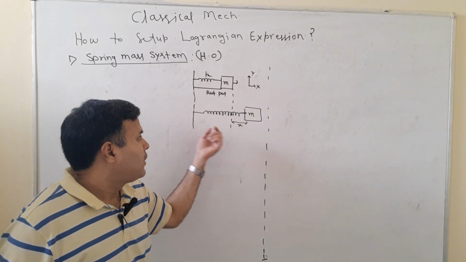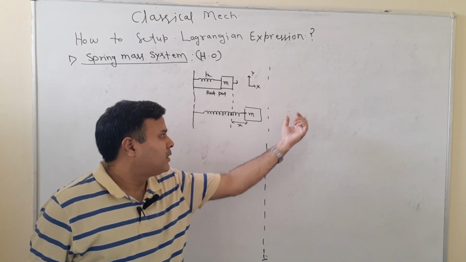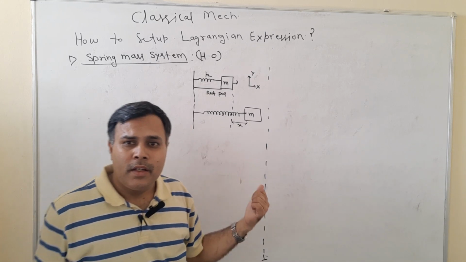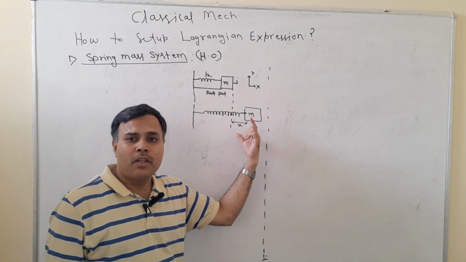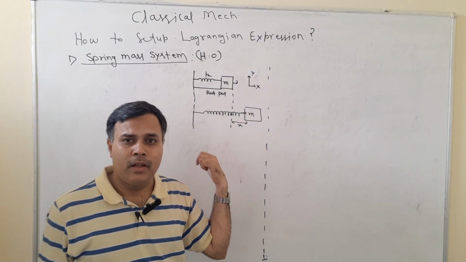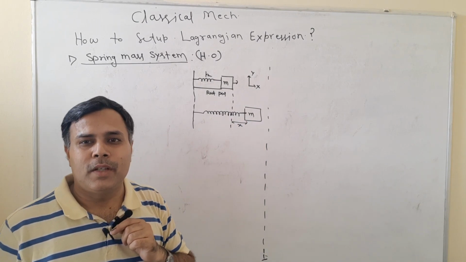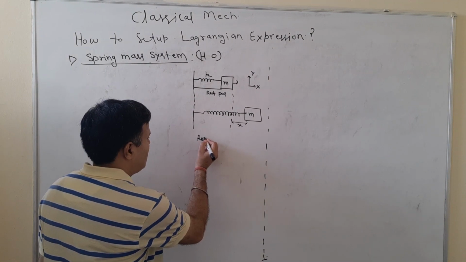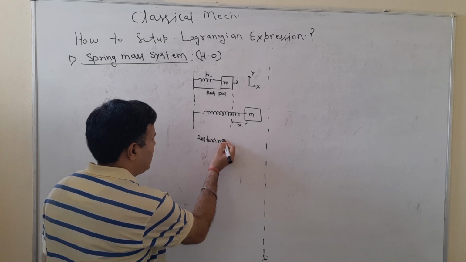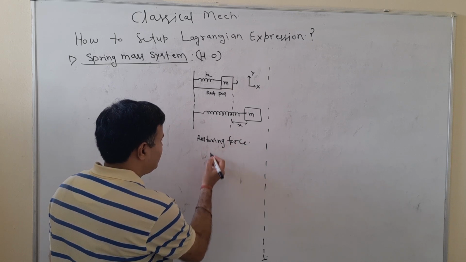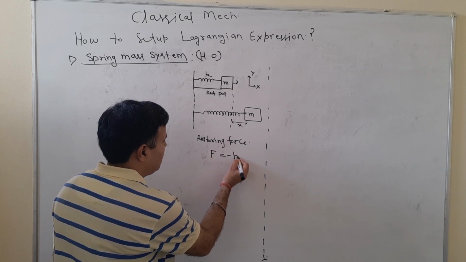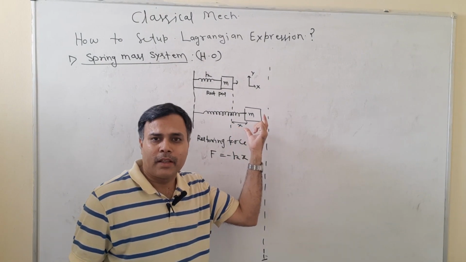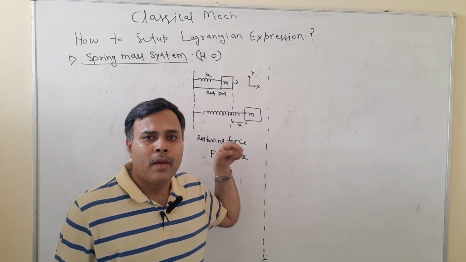So what happens? If we stretch in this direction, there is an opposite force which tries to bring the system back to the equilibrium position, and that force is known as the restoring force, which is minus kx. Here x is the extension in length under the influence of force.